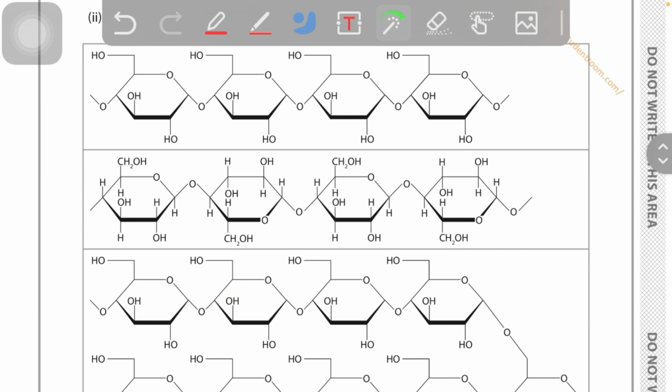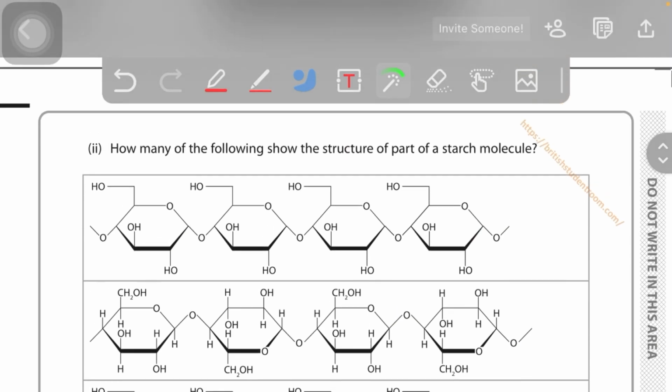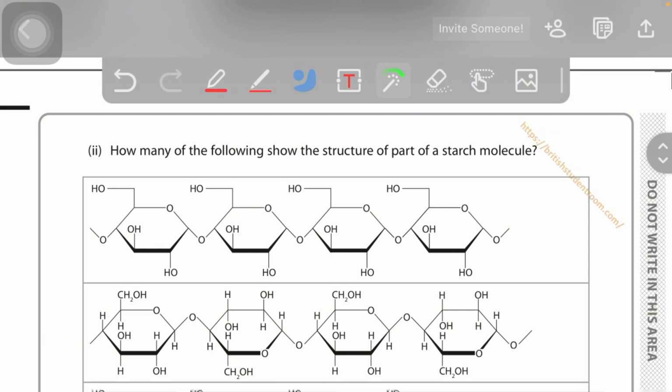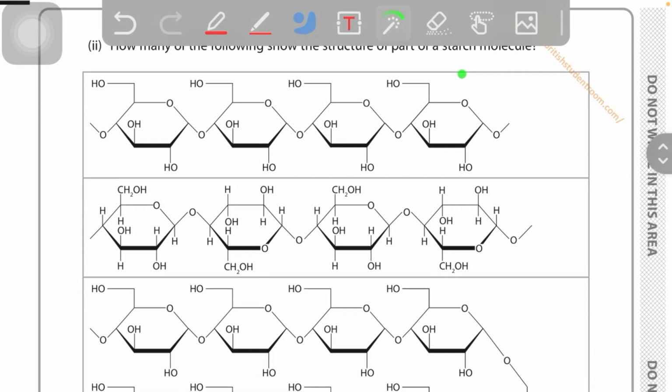All right, so let me see. Okay, so let's move on to the question. How many of the following show the structure of part of a starch molecule? Okay, so what is starch made up of? Starch is basically made up of amylose and amylopectin. It's really common that not everyone knows the structure of amylose or amylopectin, because during A levels we need to memorize a lot of theories.